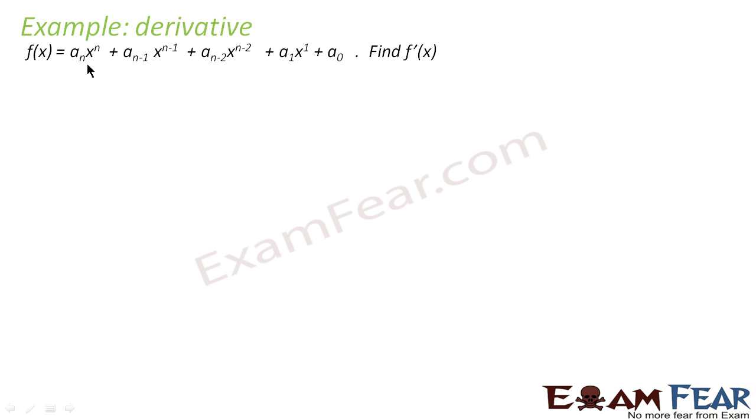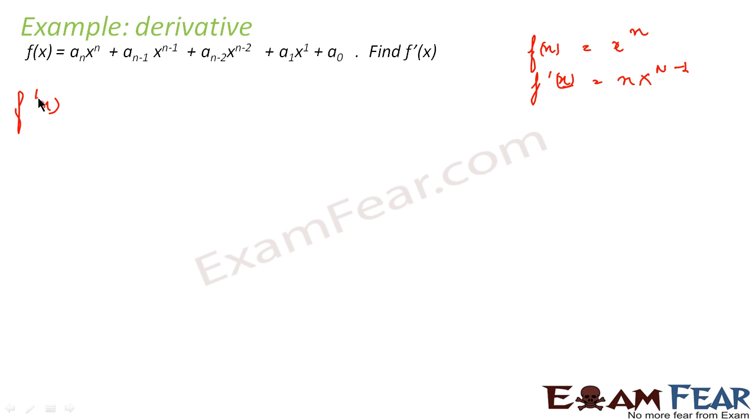To take an example, we have this function: a n x to the power n plus a n minus 1 x to the power n minus 1 plus a n minus 2 x to the power n minus 2, till a naught. We have to find the value of f dash x. So here we know that if f of x is equal to x to the power n, f dash x is nothing but n x to the power n minus 1. Correct? We know this formula.